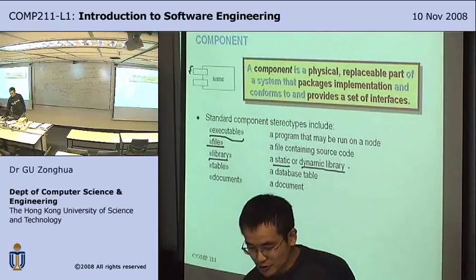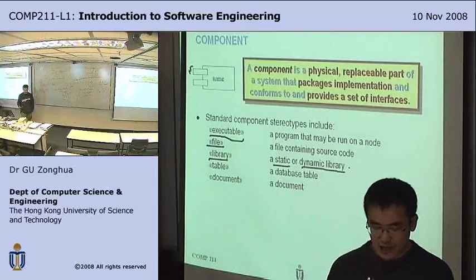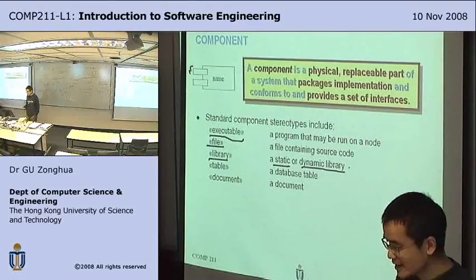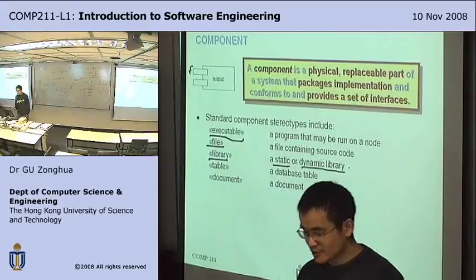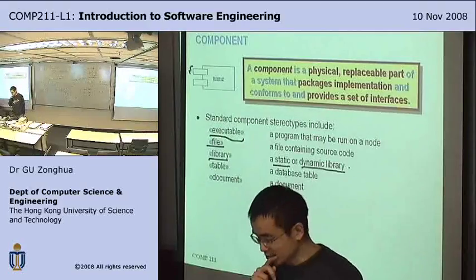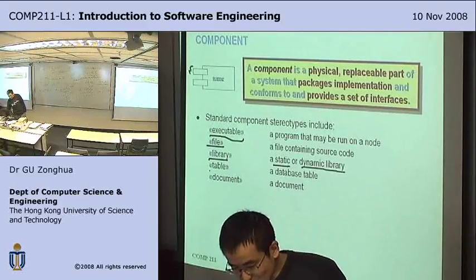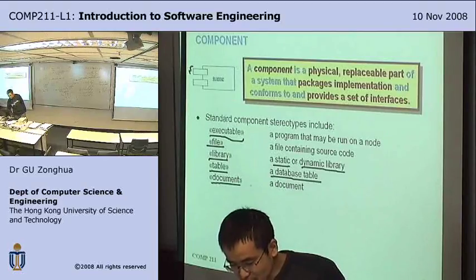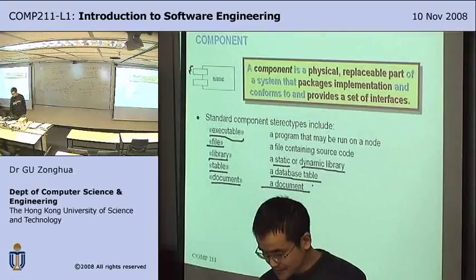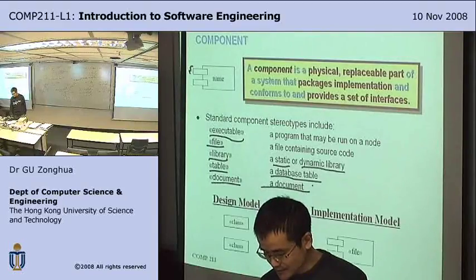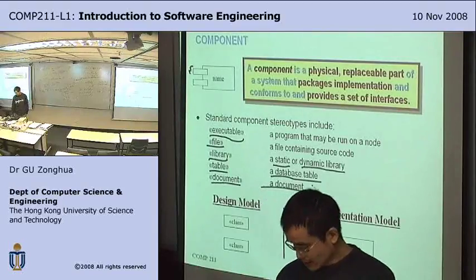A static library must be linked at compile time, while a dynamic library can be linked at runtime. That's the so-called DLLs in Windows. A database table can be a component. A document, like a user's manual, can be a component.